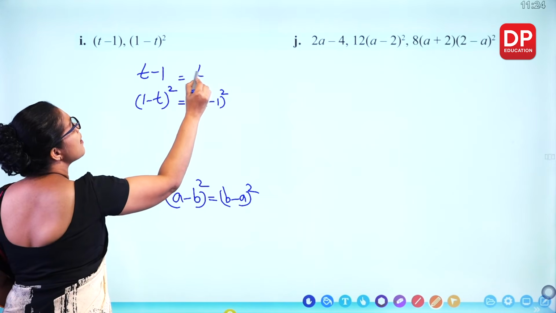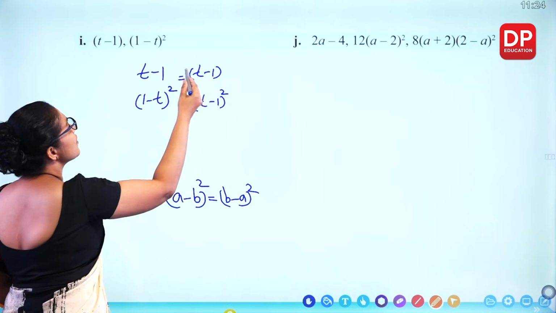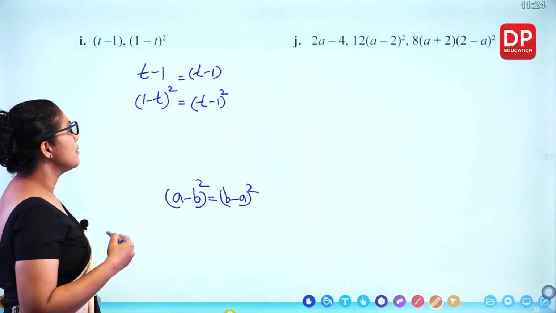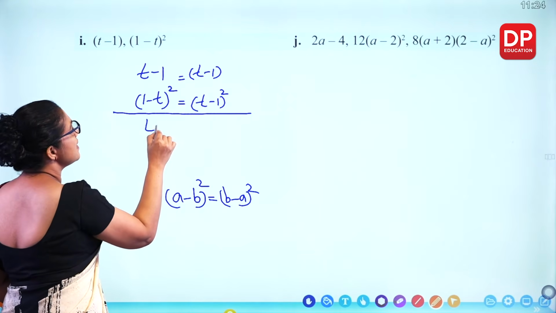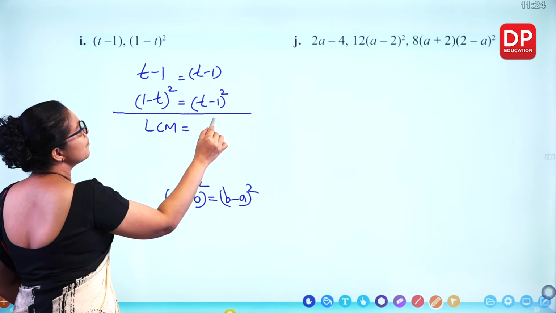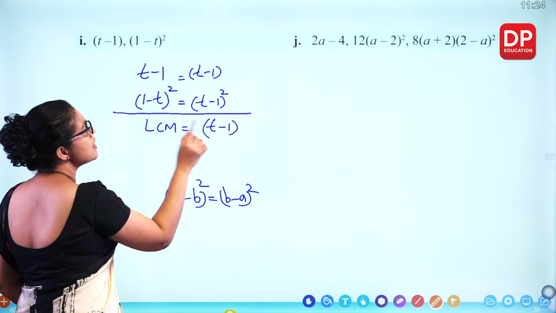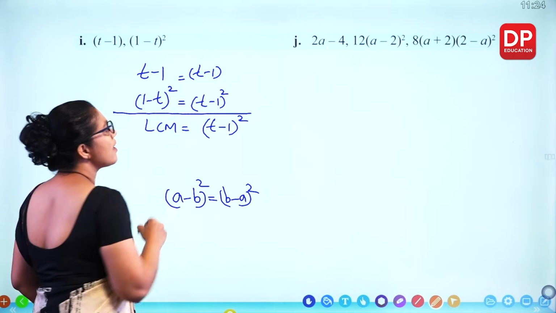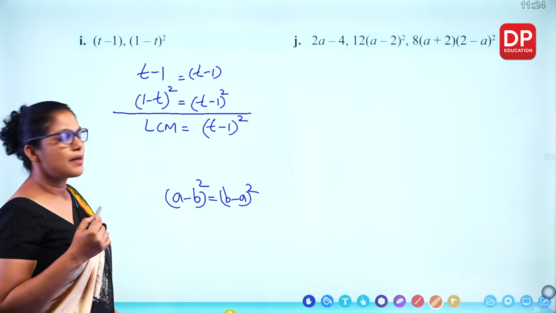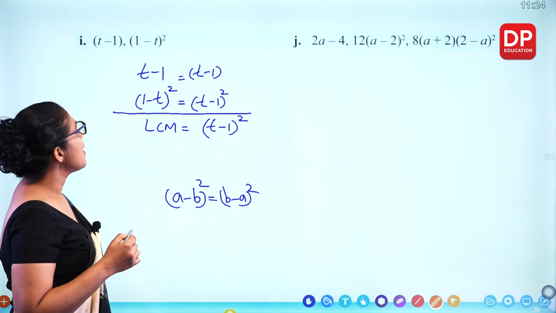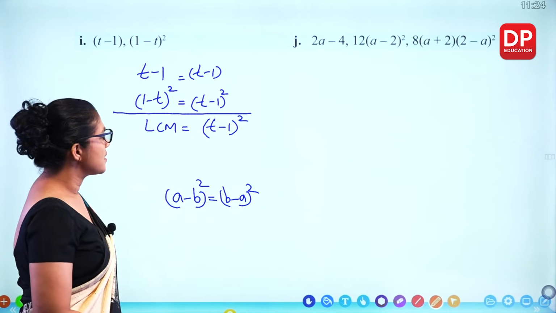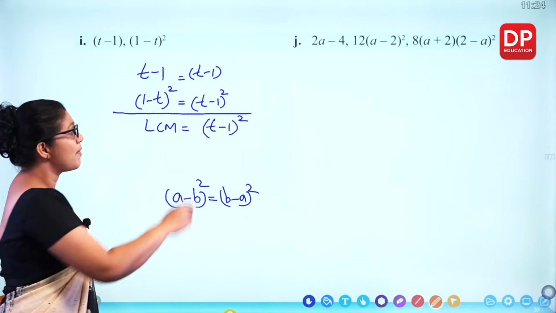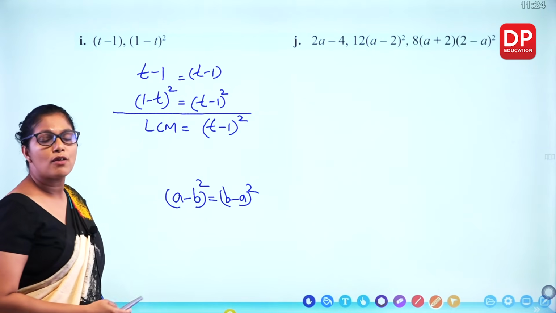This one t minus 1. So what's the lowest common multiple or least common multiple? I can see, when you take the expression t minus 1, the square term is the highest power. So t minus 1 squared is the highest power of these two terms. It's the power of 2, so that's the lowest common multiple.